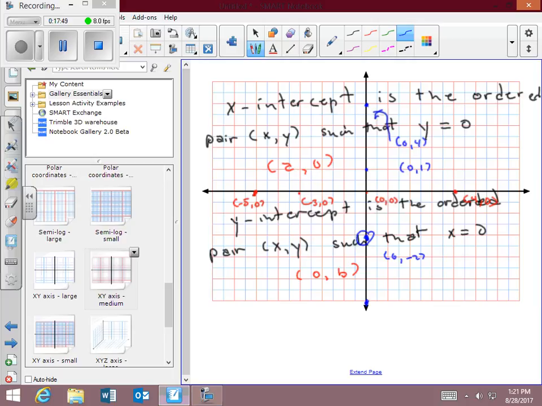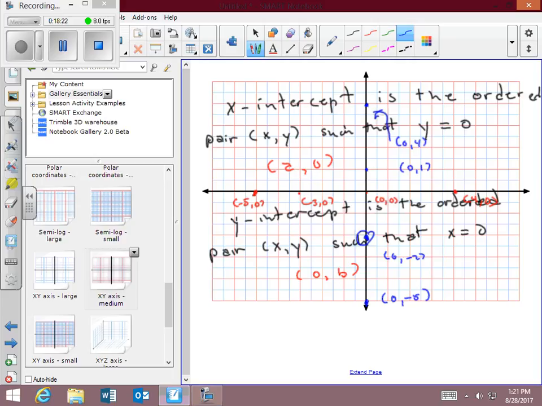And down here, x is 0, y is negative 5. Anytime the first of the ordered pair is 0, you're always going to be on the y-axis. Anytime your second of the ordered pair is 0, you're always going to be on the x-axis. That's why they're called x and y intercepts. When you cross the x-axis, your y value will be 0. When you cross the y-axis, your x value will be 0. And therefore, they're called x and y intercepts.